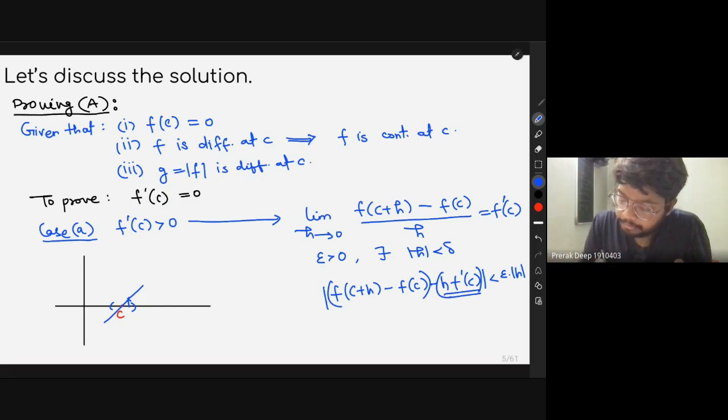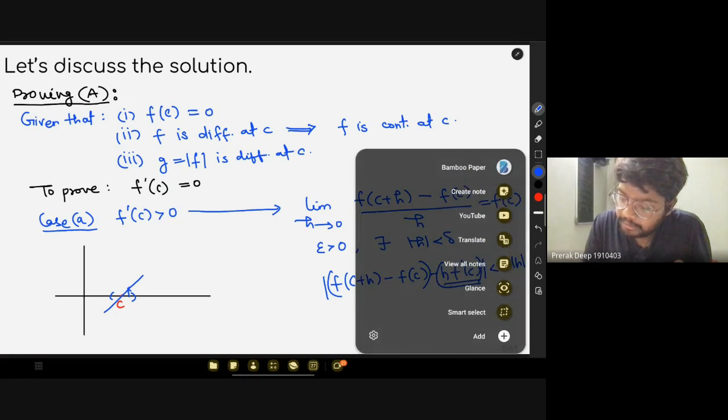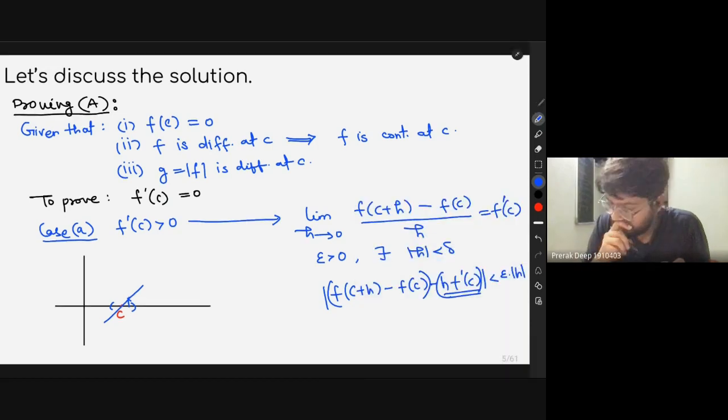In some neighborhood, this difference is getting closer to f prime of C, which is the definition of this.